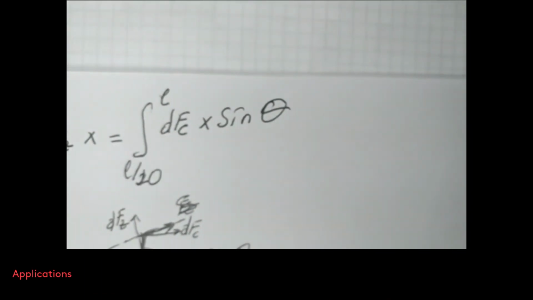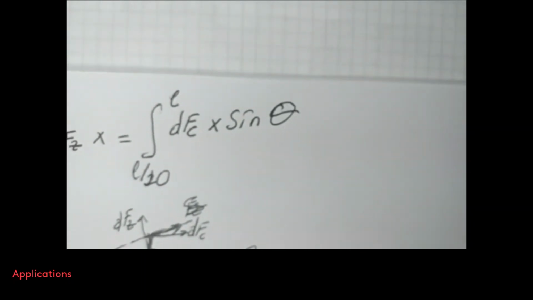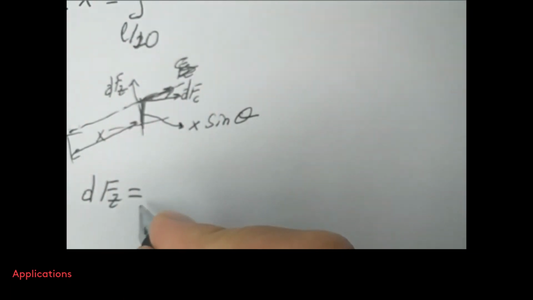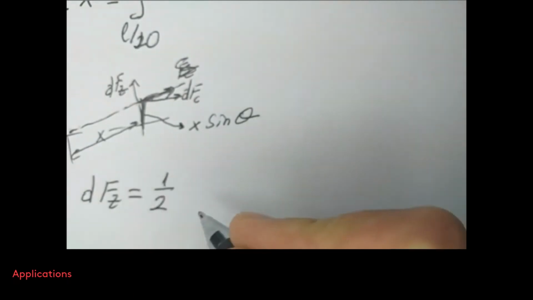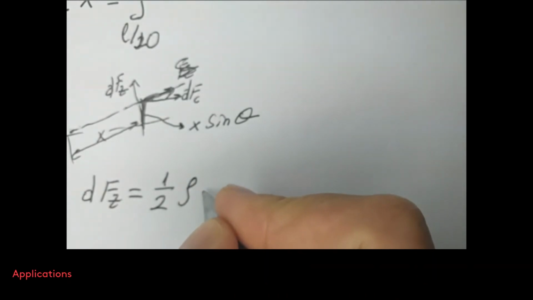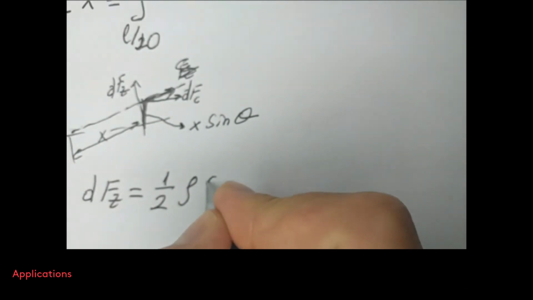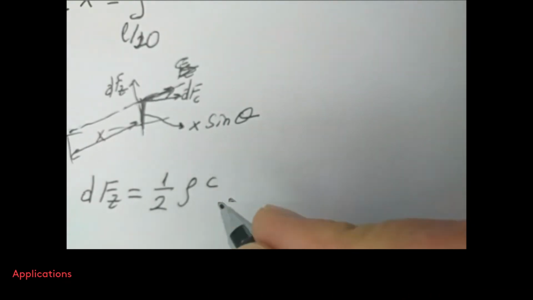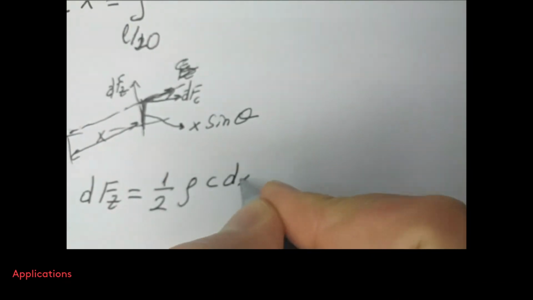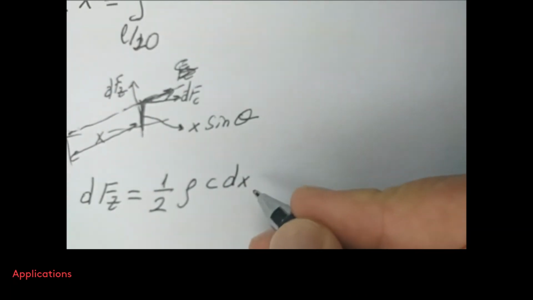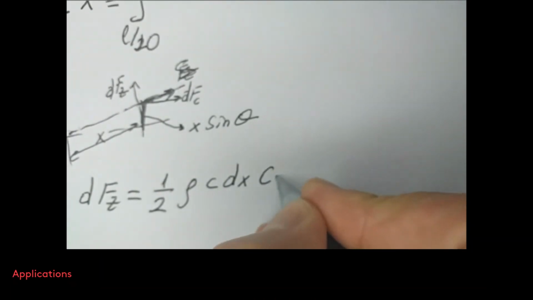Now let's write the forces dFz and dFc. dFz is equal to, as already given, 1/2 rho, where rho is the density of the air, multiplied by c, the chord length, dx, the width of the blade element, Cz, the lift coefficient, and V squared, the velocity.